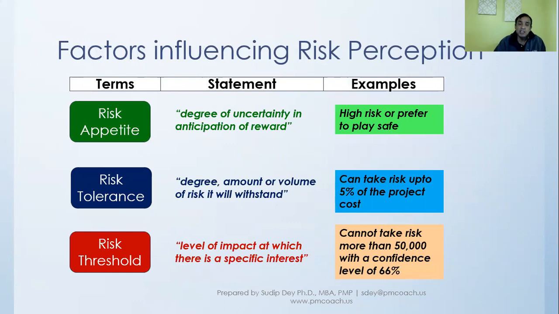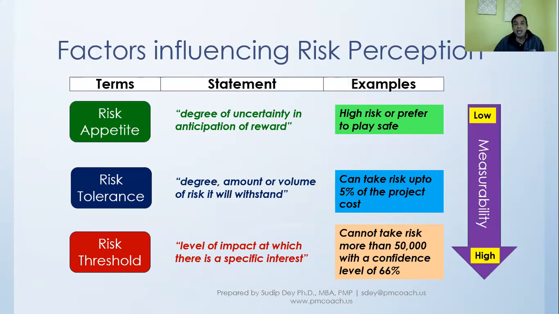Whereas when you come to risk threshold, it is a level, a line, saying that I cannot take risk of more than $50,000, okay, with a confidence level of 66% or whatever. So basically, as you move from risk appetite to threshold, there is an increase of measurability.